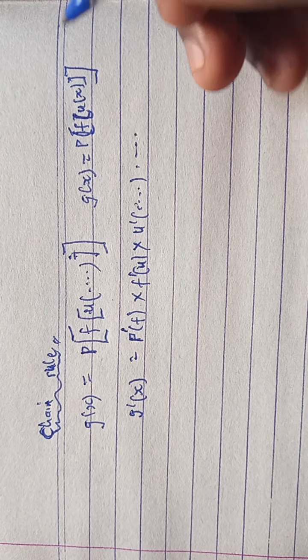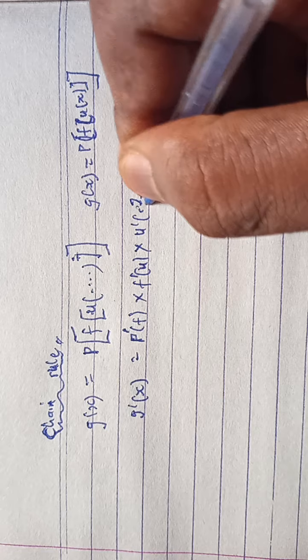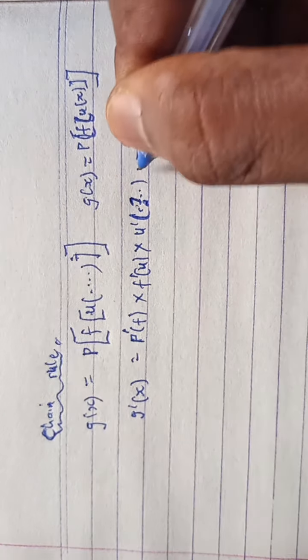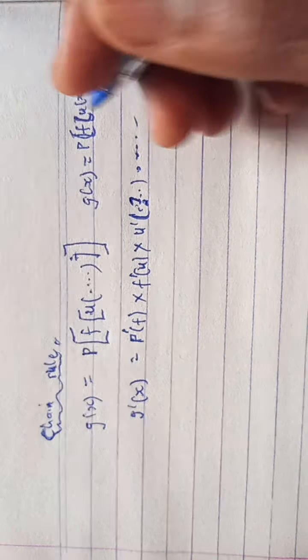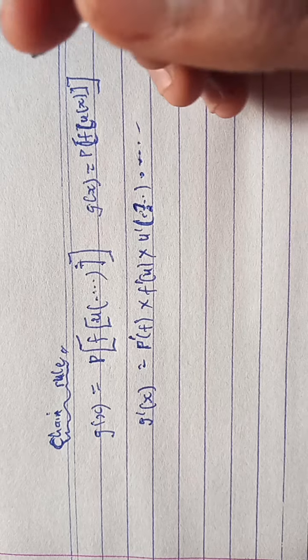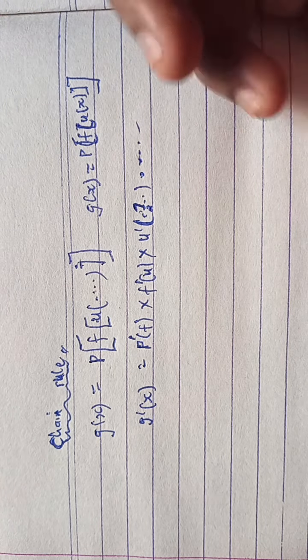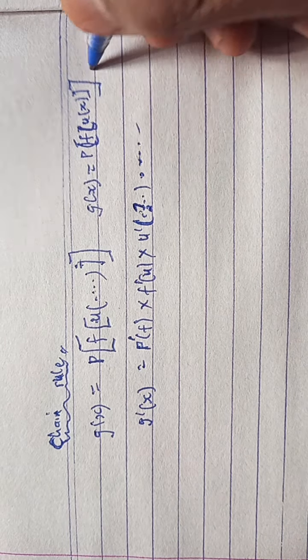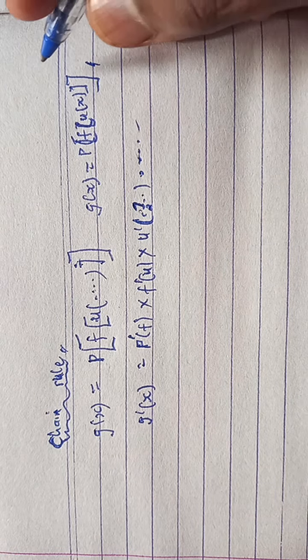Have you seen that? u prime of the letter that will come, we don't know it, plus dot dot dot. Have you seen that, guys? So this is what we do. This is how we use the chain rule. Then some people might be confused. Let me use this one to denote this so that you will not be confused.